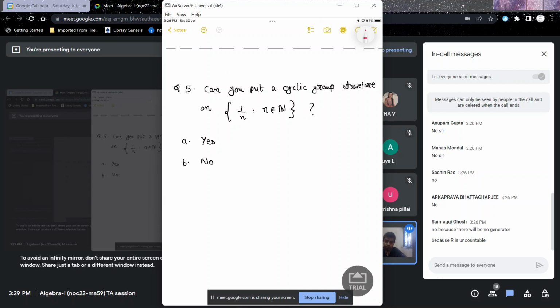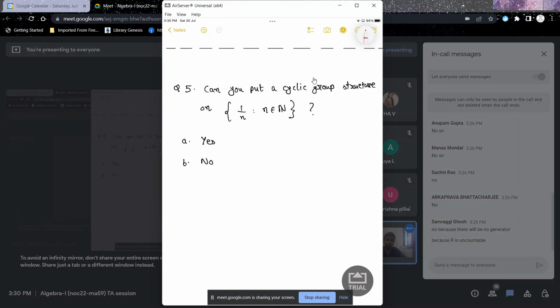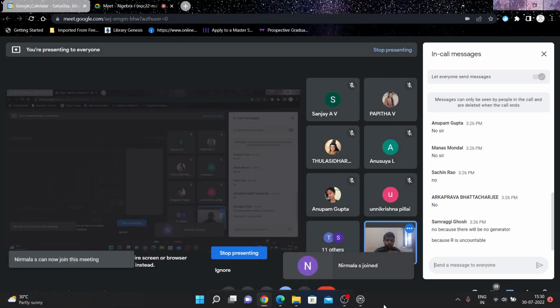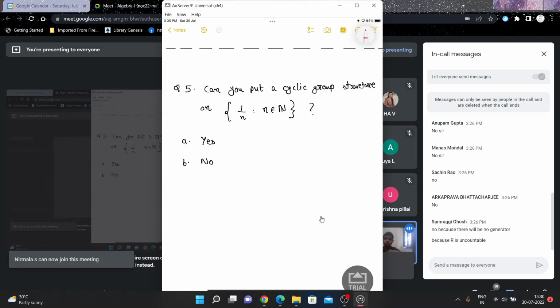So someone maybe wants to answer. Observe, this set doesn't have the problem as the previous one. This set is certainly not uncountable, this is countable. But the question is, can you put a cyclic group structure on this set? So maybe someone wants to answer.